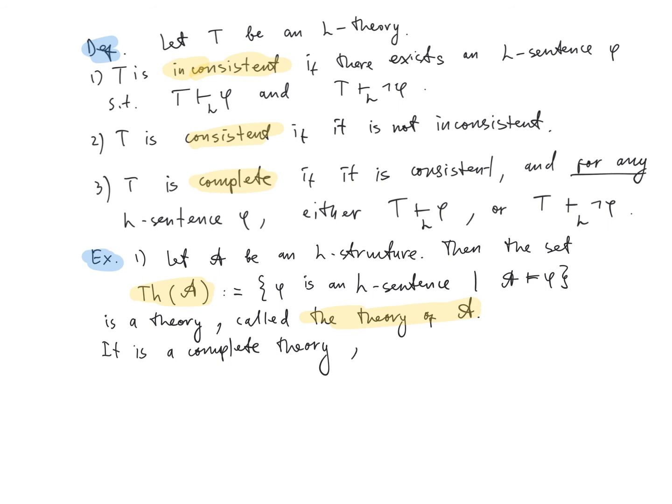And it is also consistent, by soundness of formal provability. Because by soundness, if T proved both phi and not phi, then both of those sentences would also have to be satisfied in the structure A, which is impossible.